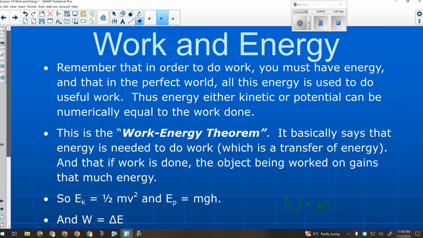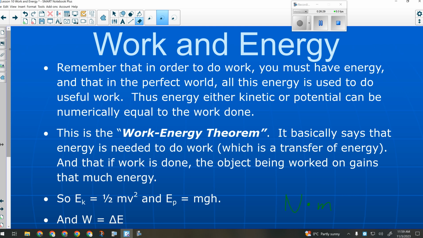So the work energy theorem says that work is a change or a transfer of energy, which means you have to have energy to do work. You cannot transfer what you don't have. This is not a credit card. You cannot spend what you don't have. So you have to have energy to do work.